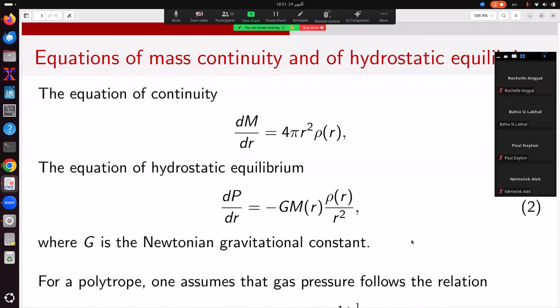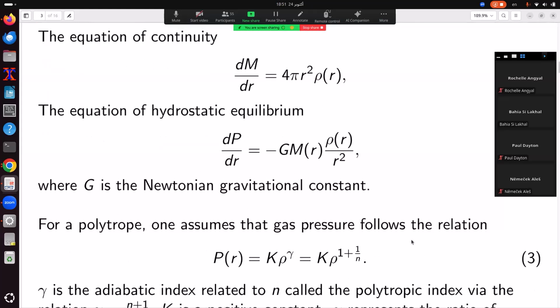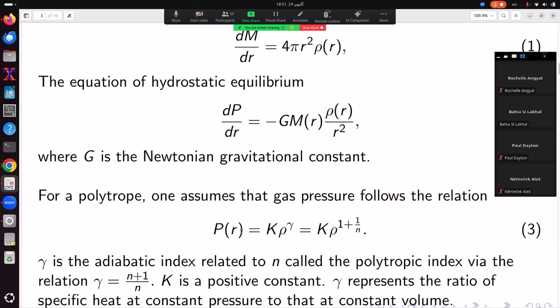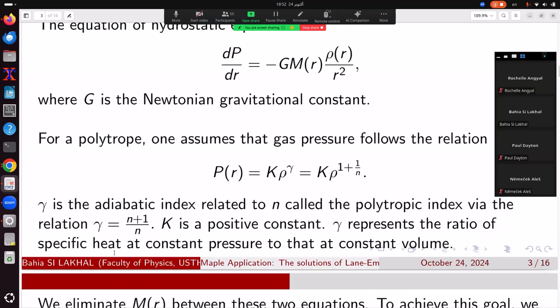For a polytrope, in fact, a polytrope refers to a solution of the Lane-Emden equation in which the pressure depends upon the density rho with this relation: P equals K rho to the power gamma. Gamma is the adiabatic index related to the polytropic index via this relation. K is a positive constant.